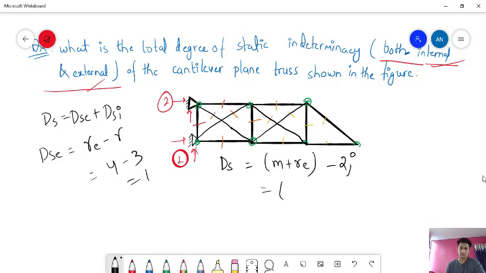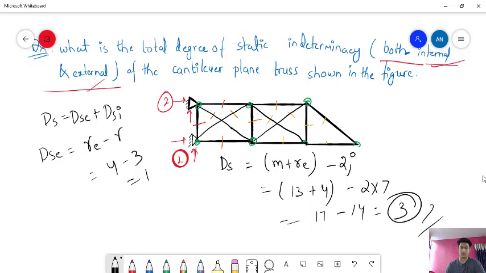Here m is 13 plus re is 4, minus joints, which are 1, 2, 3, 4, 5, 6, 7. That is 13 plus 4, that is 17, minus 14, that is 3. Then it is also coming to 3, so that means you applied the correct formula and the answer is this.